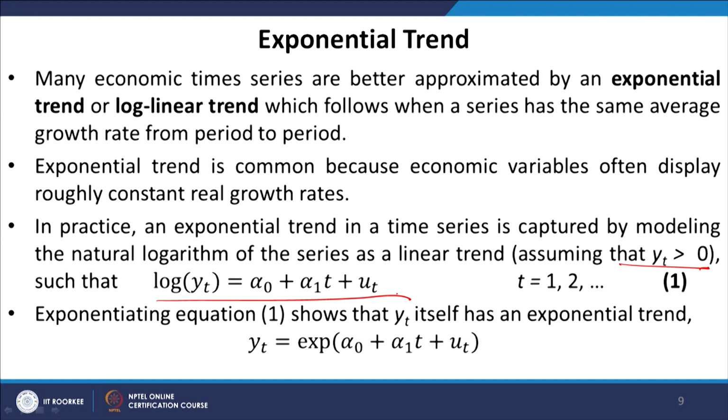We call it a log linear model because we have the logarithm on the left hand side, but the right hand side is in a linear form, and it is a log linear trend because this model is trying to incorporate a trend term. Exponentiating equation 1 shows that yt itself has an exponential trend. So, yt can be written as exponential of alpha naught plus alpha 1 t plus ut.